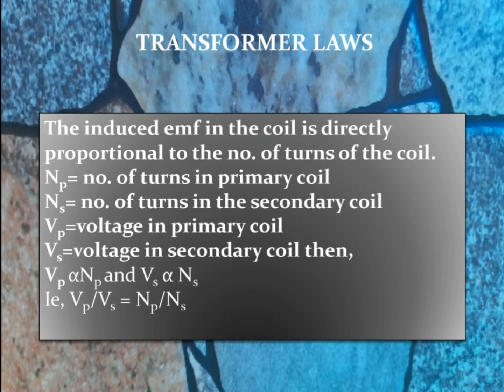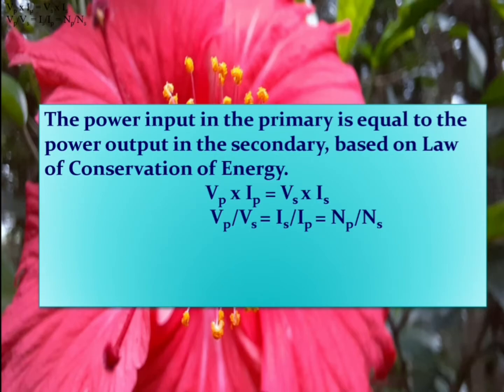That means the EMF induced in the coil will be directly proportional to the number of turns of the coil. That means the induced EMF will always depend upon the number of turns in the coils. The second law is based on the law of conservation of energy. That means the power input in the primary is equal to power output in the secondary coil.